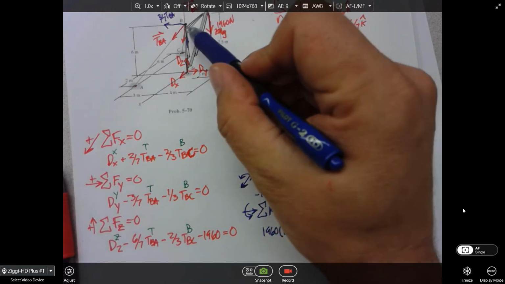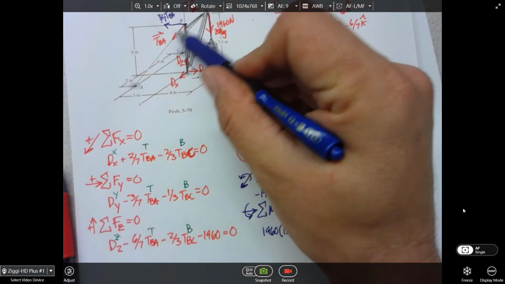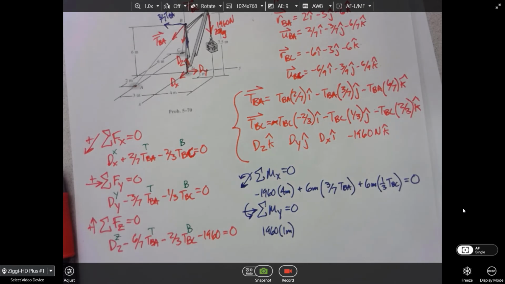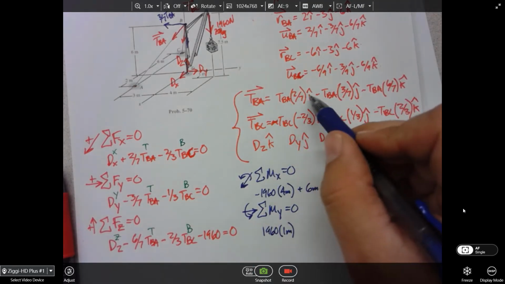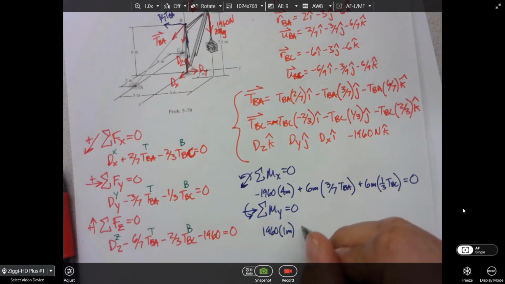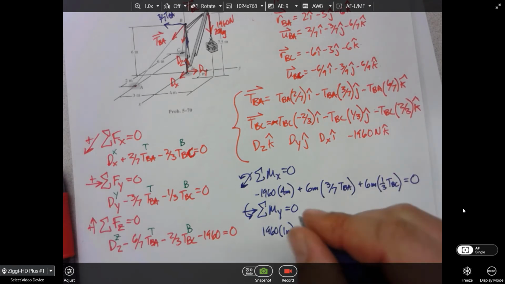And then what component of TBA is going to cause a moment about the y-axis? The x, right? So the x component of TBA, 2/7, looks like it'll be positive.